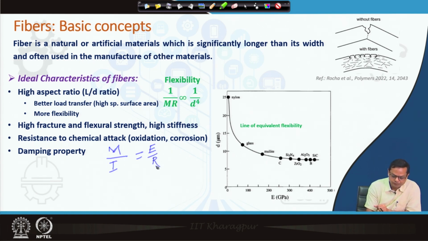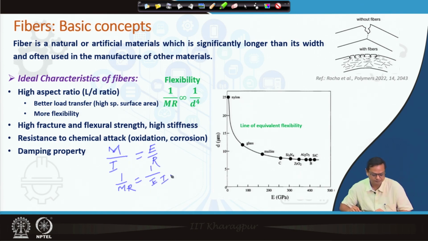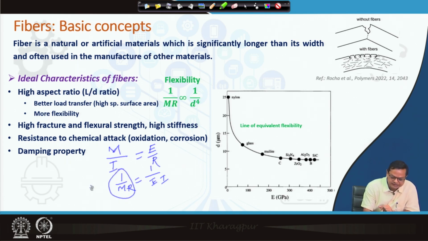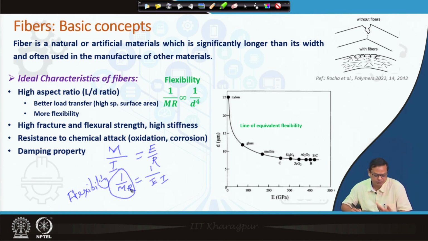From here we get 1 over M R equals 1 over E I, and this 1 over M R is basically the flexibility. So, what we understand is that 1 over M R should be high.